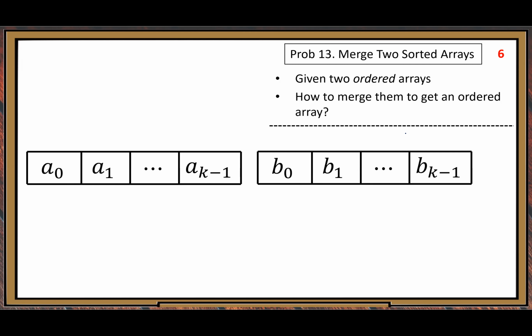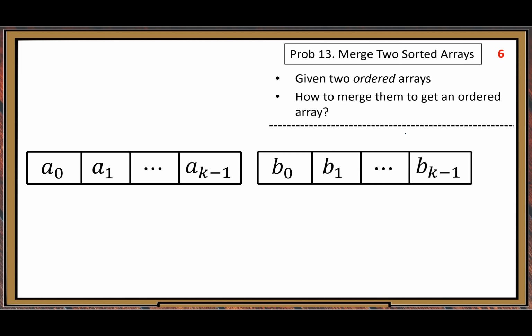Here I use this diagram to show you how to merge two subarrays. These two subarrays, an A subarray and a B subarray, each have k elements. We assume they are ordered.